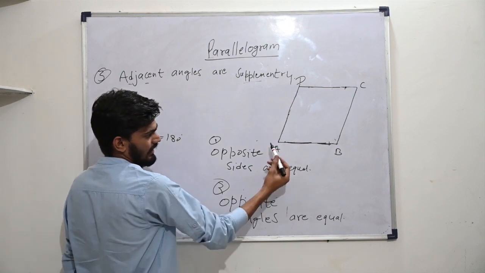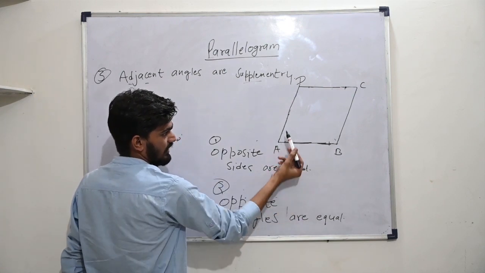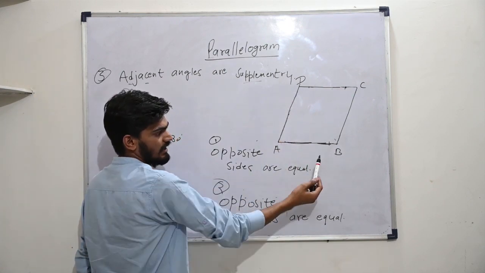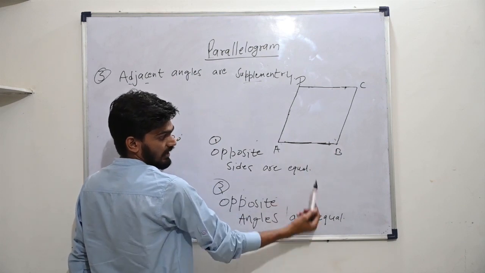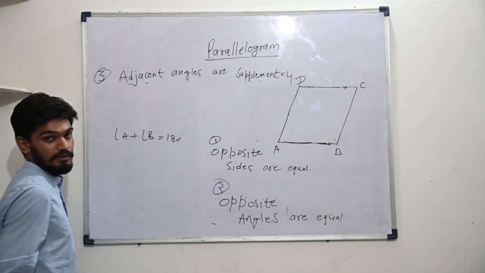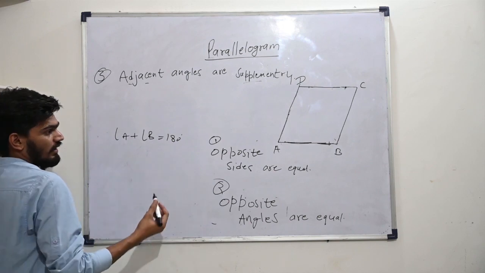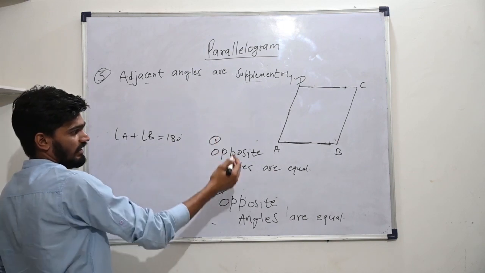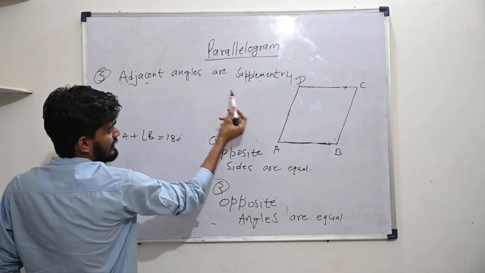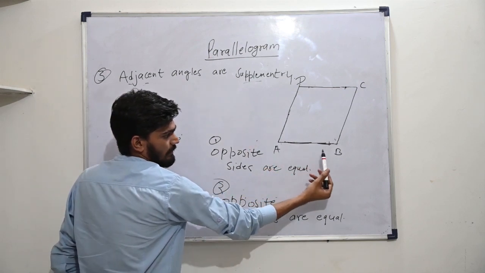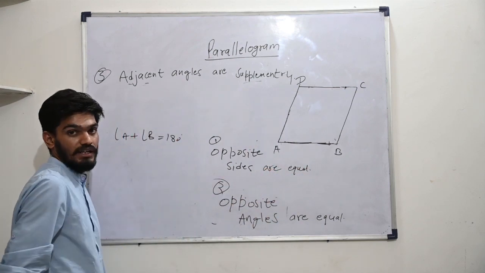Adjacent angles are like A and B, A and D. They will be adjacent angles. If I talk about B, then BA, B and C, they will be adjacent angles. Now, according to this property, adjacent angles are supplementary. So, A plus B will be equal to 180 degrees.